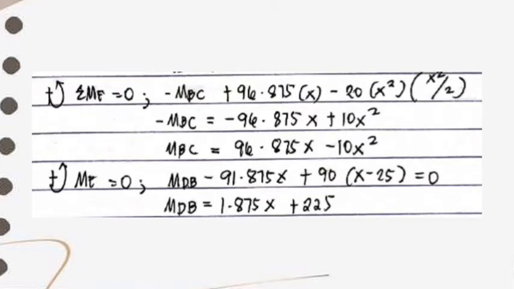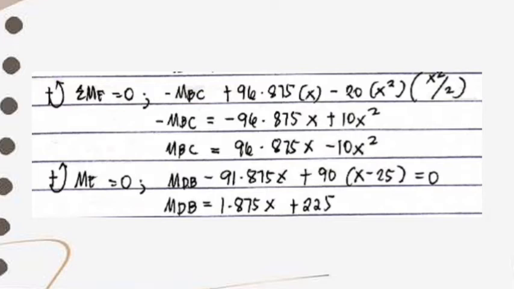Summation of moment at E is equal to 0. Negative MBC plus 96.875x minus 20 times x squared over 2. Negative MBC is equal to negative 96.875x plus 10x squared. So our MBC is equal to 96.875x minus 10x squared.